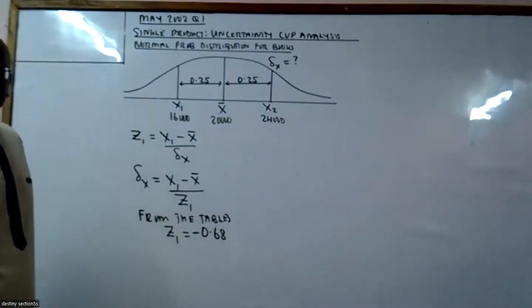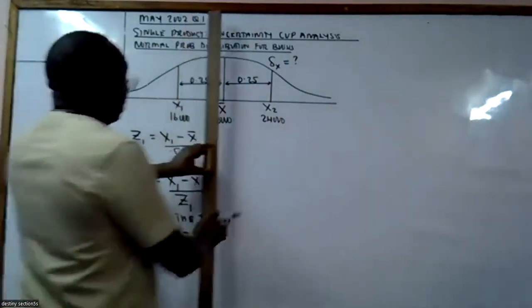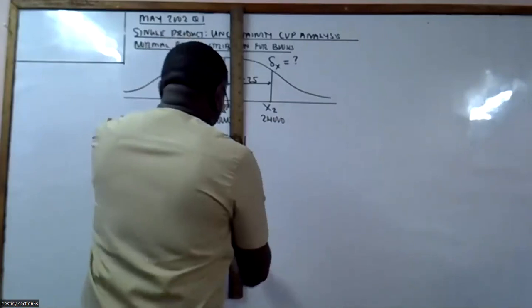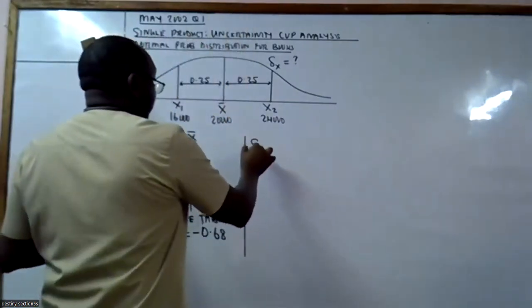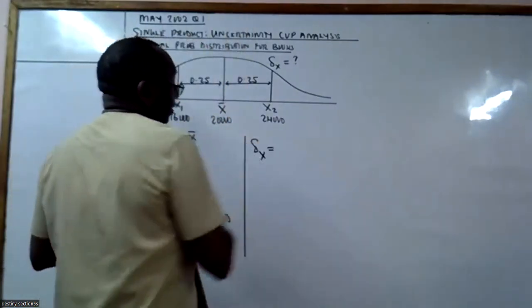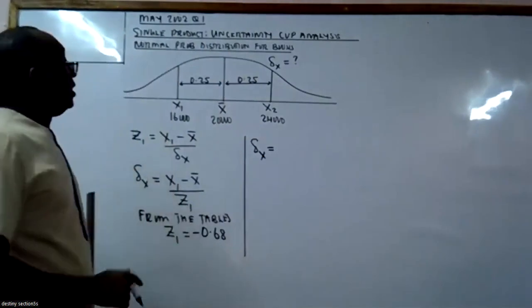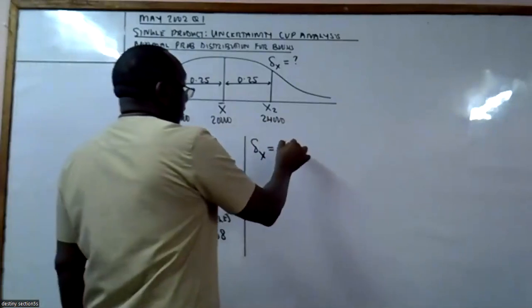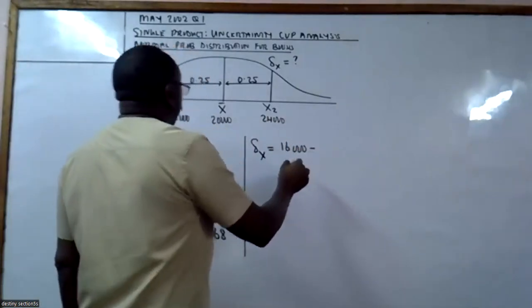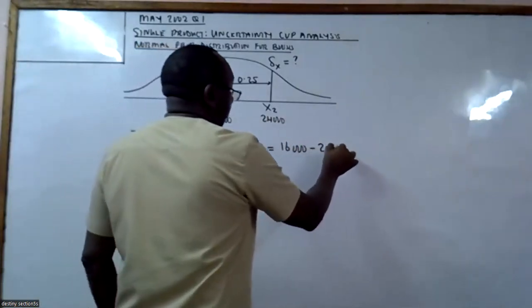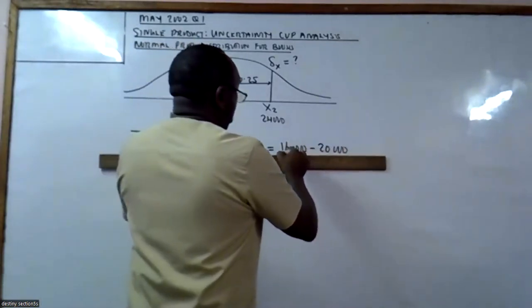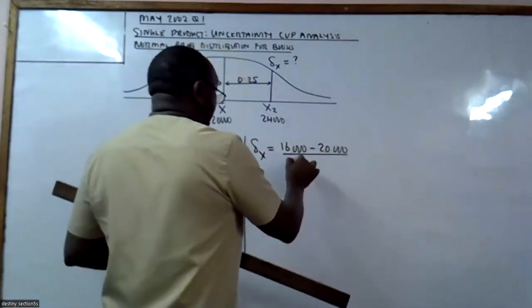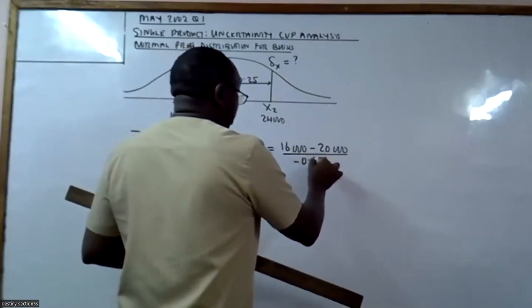So if we know that, we proceed now and say standard deviation of X is X1, 16,000, minus 20,000. You divide by minus 0.68.